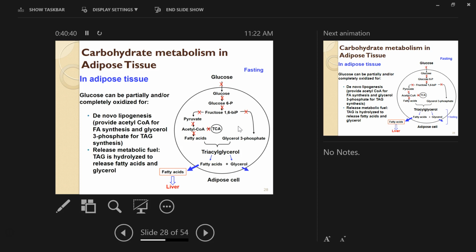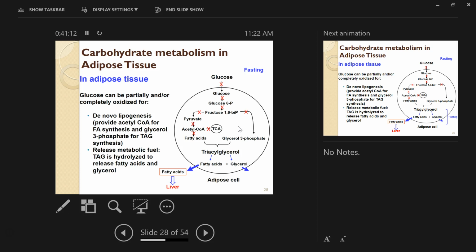But the triglyceride breakdown pathway will be very active during the fasting, right? We want to break down triglyceride and release fatty acids. The fatty acids can serve as an alternative energy fuel during the fasting for other tissues to use as energy. So the glycolysis activity will not be very active in the fasting condition, right?